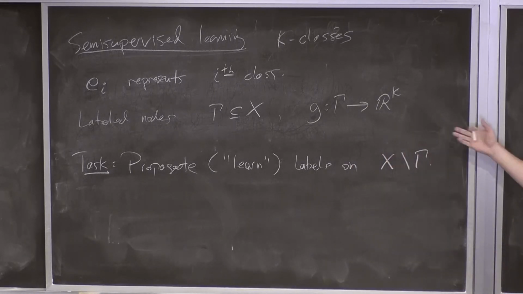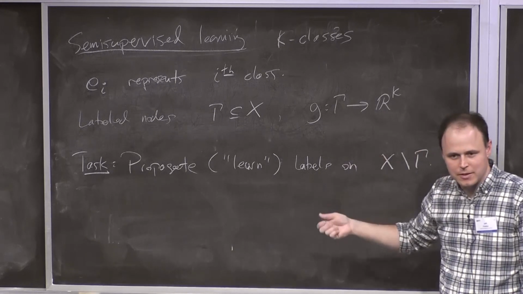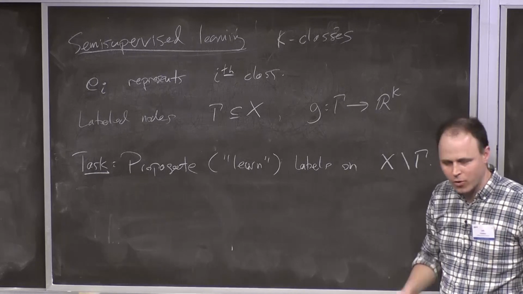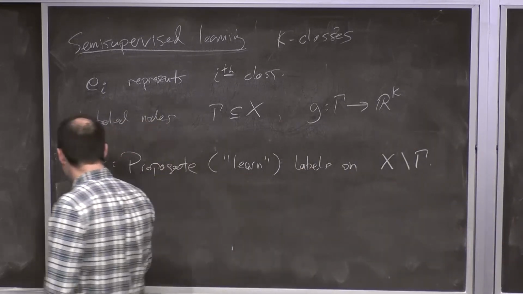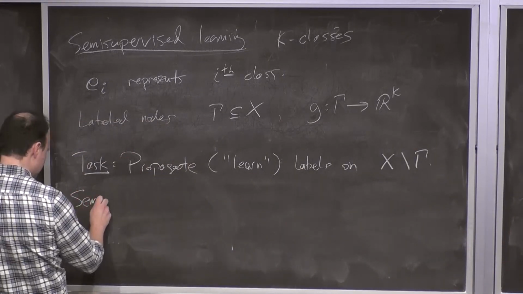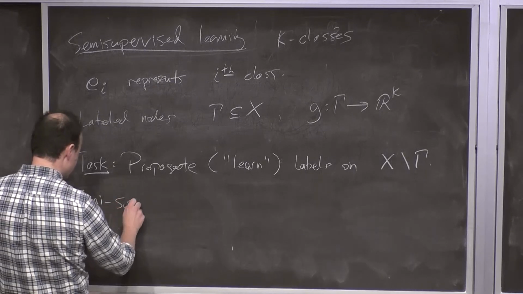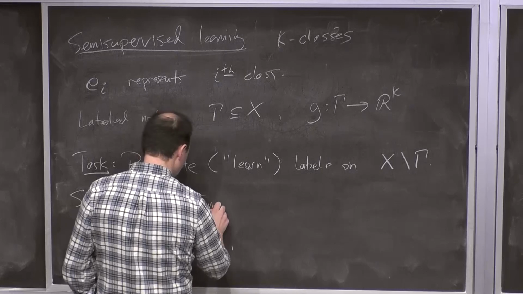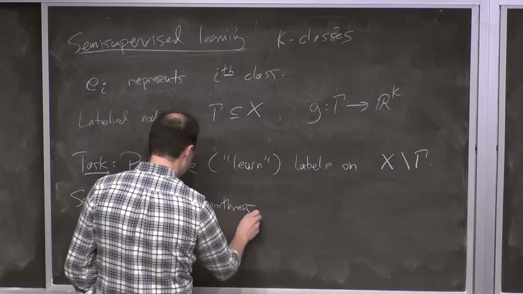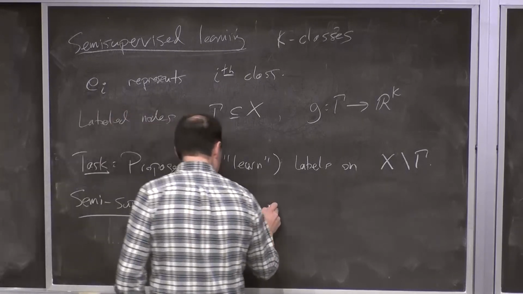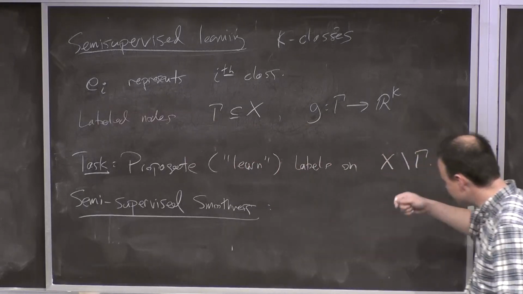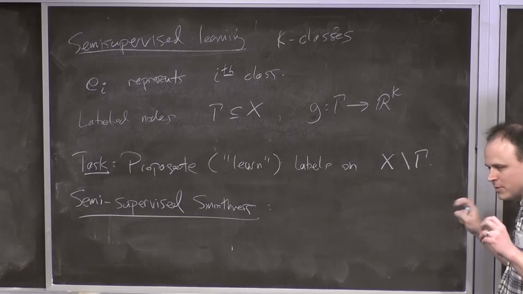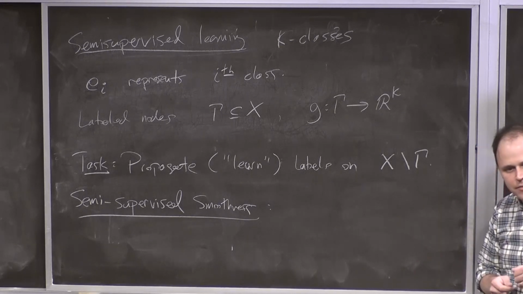It's just, as you write it down like this, it's an ill-posed problem, right? There's no unique way to extend these labels, so what do you mean by learn or propagate? And so if you read the textbooks on this, they take the semi-supervised smoothness assumption, which is that the label function that you learn on the rest of the graph should be smooth in high density regions of the graph, okay?